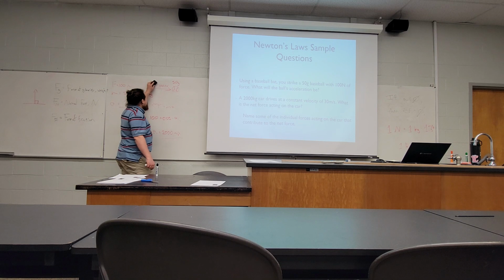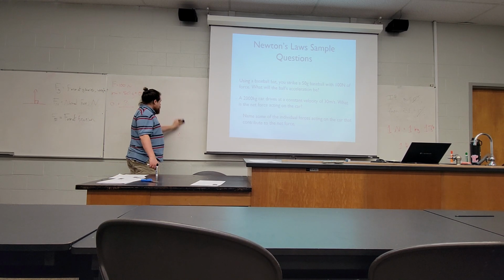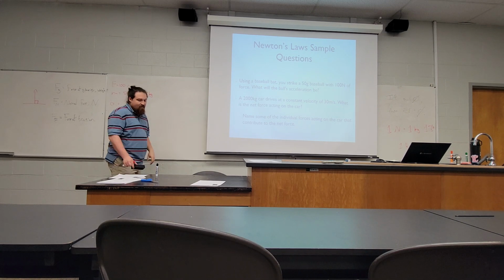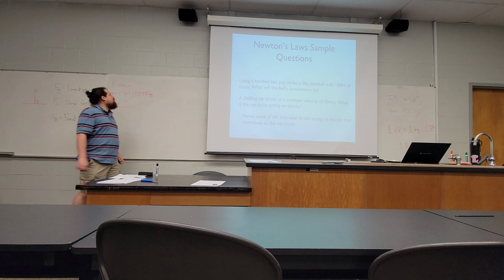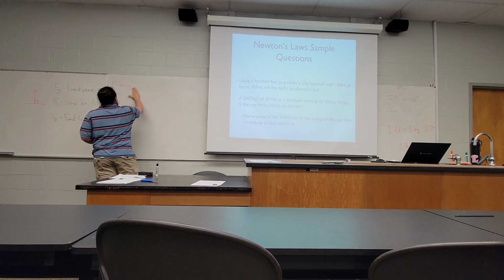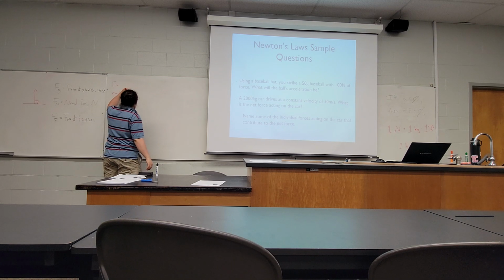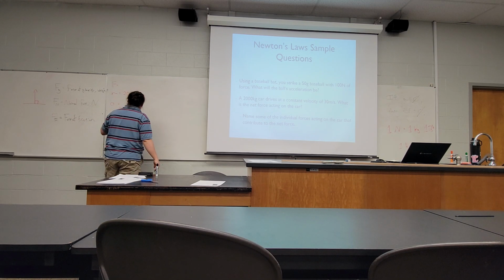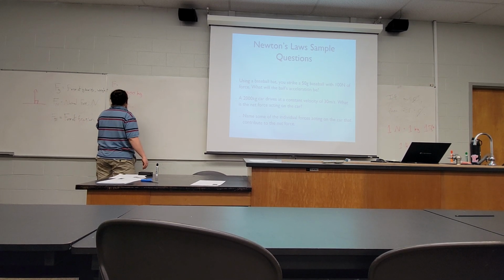Next one, instead of a baseball, we've got a car. 2,000 kilograms is fairly average for a vehicle, somewhere between a sedan and a truck. We're gonna have to convert, well, not convert, we have velocity, and that's not acceleration. Right. So what I listed there is a velocity of 30 meters per second.